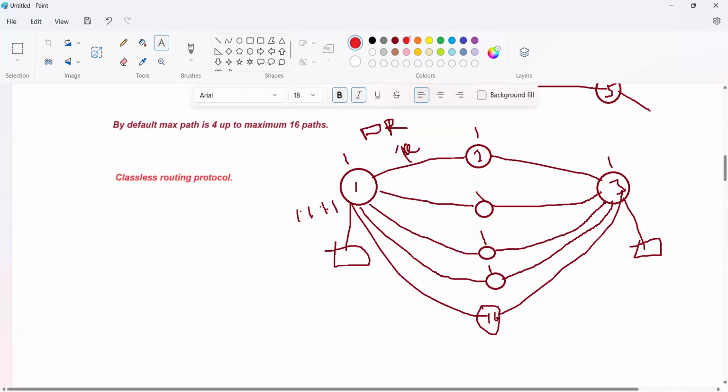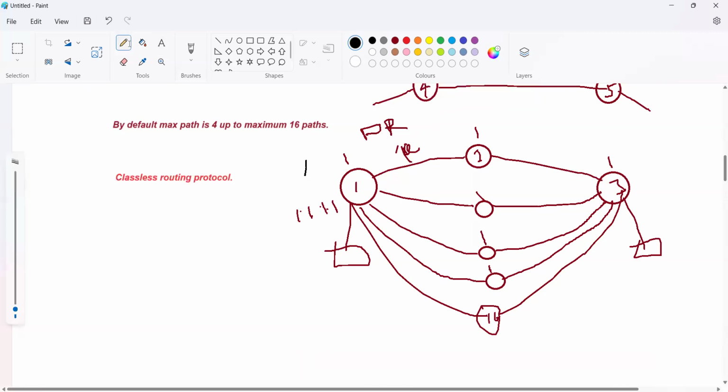Classless routing protocol. Whenever we are advertising prefixes, classful routing protocols will not carry the subnet mask. It means class A has the subnet mask 8, class B has 16, and class C has 24, so they will advertise only up to that prefix. Classful routing protocols do not carry the subnet mask.